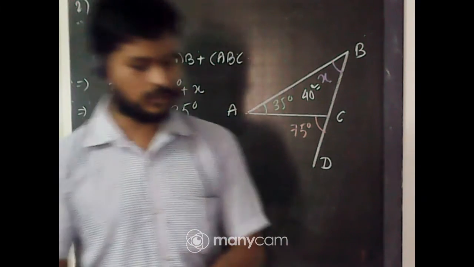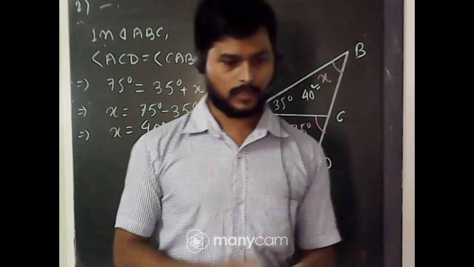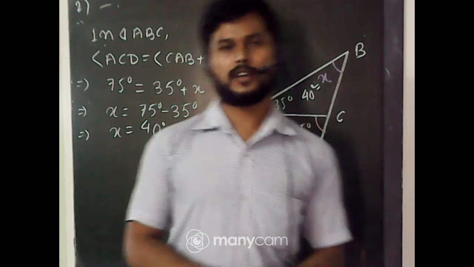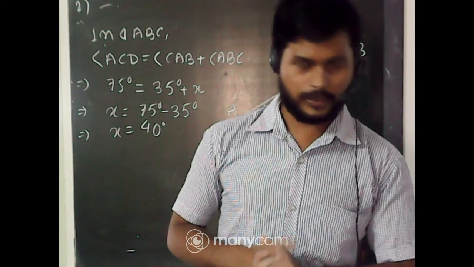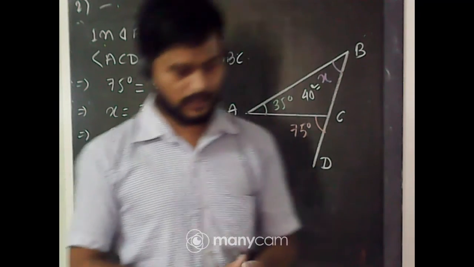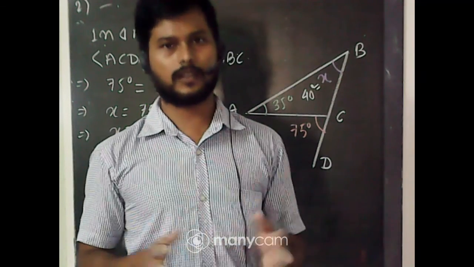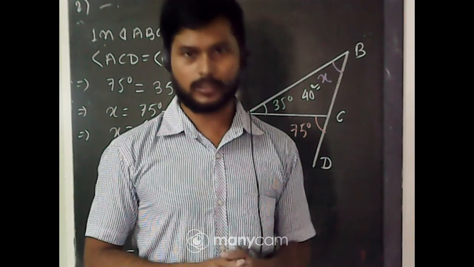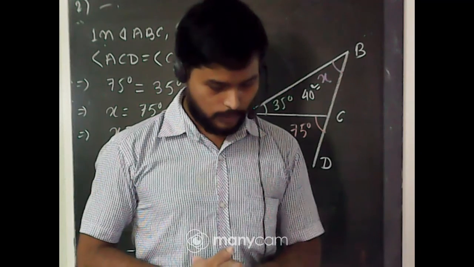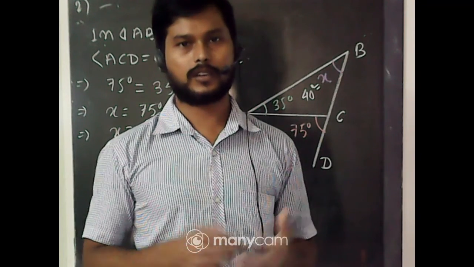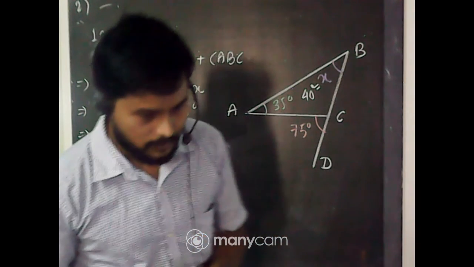This property is known as the angle sum property of a triangle. The definition is that the sum of all interior angles is equal to 180. Today I have given just a very small hint. Next we will discuss this property in detail, and we will prove why the sum of the three interior angles is equal to 180 degrees.